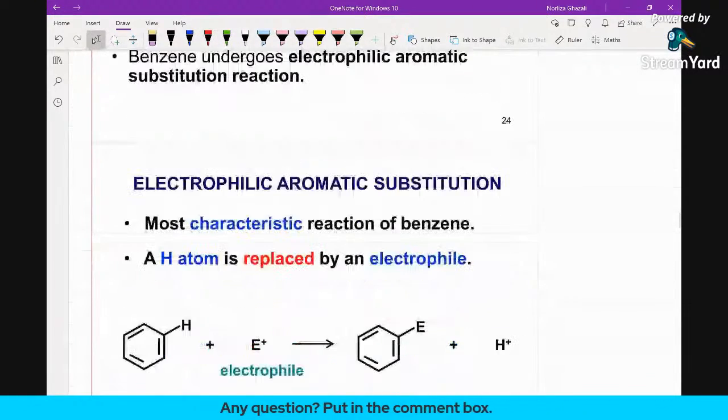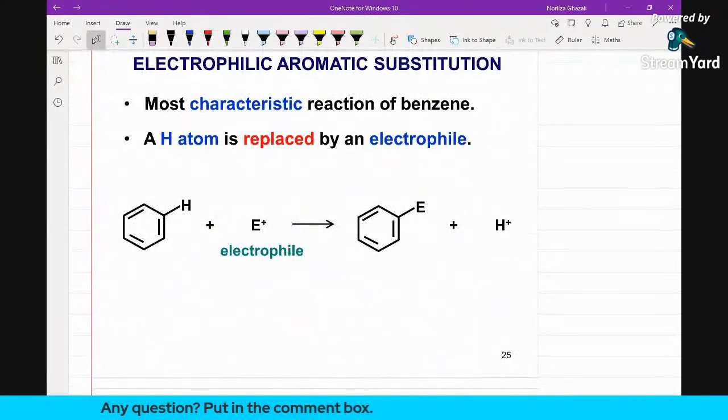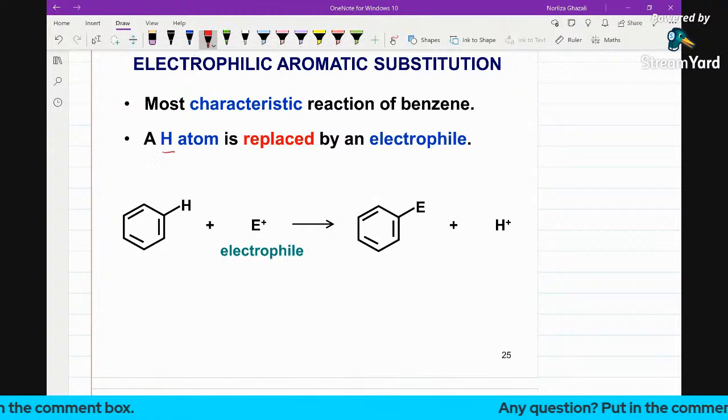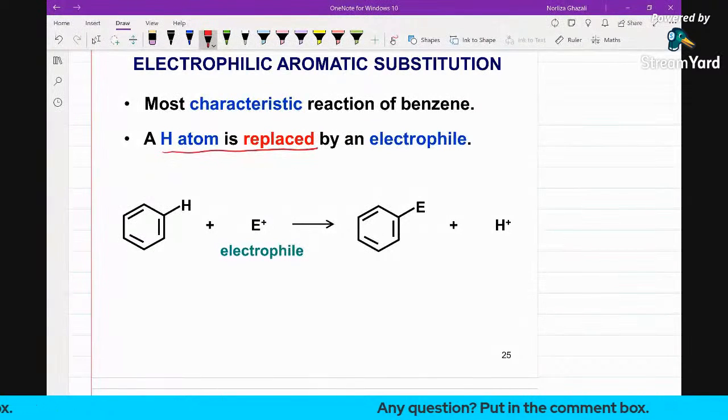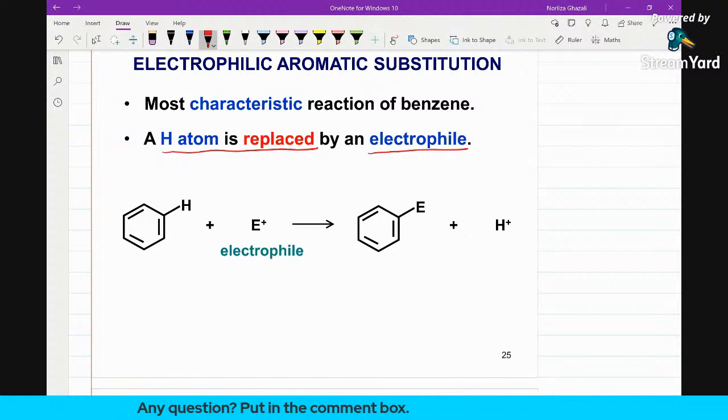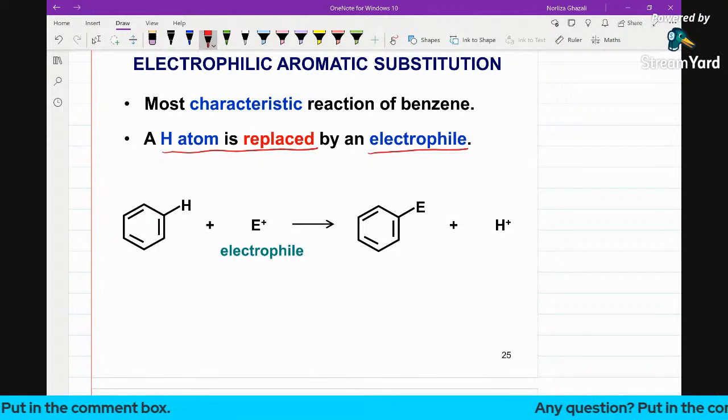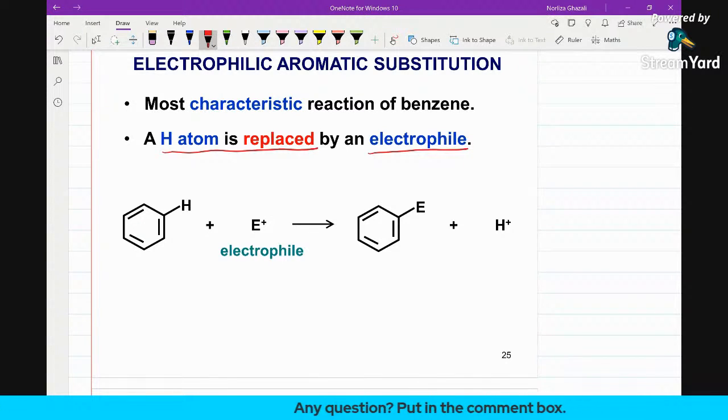Okay, so actually in this reaction, a hydrogen atom is replaced by an electrophile. Yes, a hydrogen atom is replaced by one electrophile.